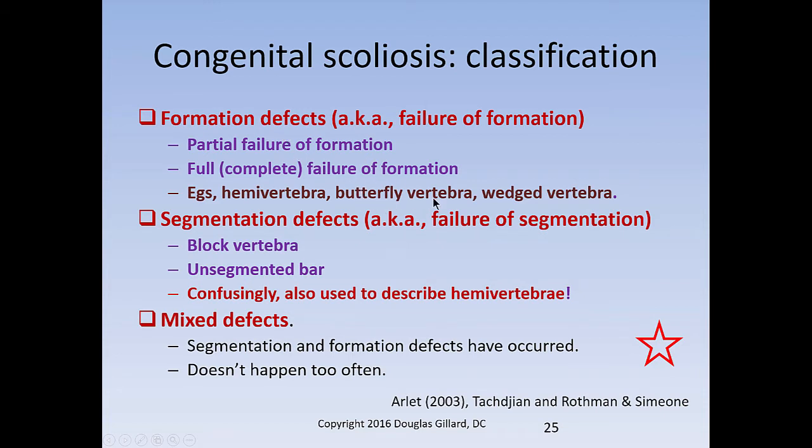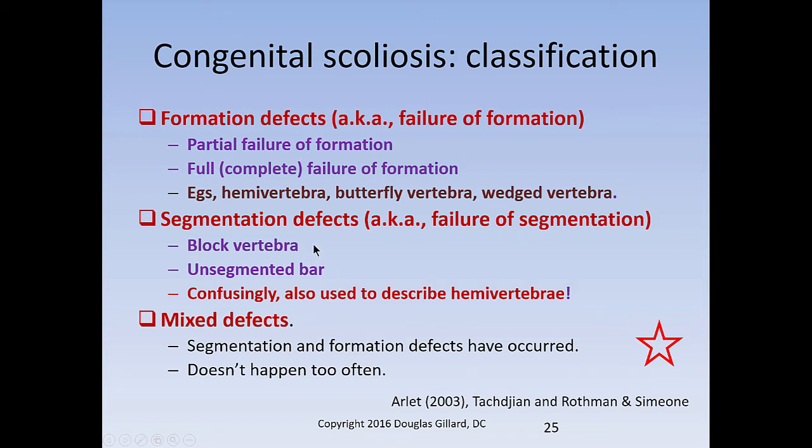Butterfly we're not going to talk about, kind of rare. Don't have time today, but I'll probably inject this into the class over the next few quarters. But a wedge vertebra is a partial failure of formation. Then we have segmentation defects, failure of segmentation. So we have a blocked vertebra, an unsegmented bar, which can be unilateral.